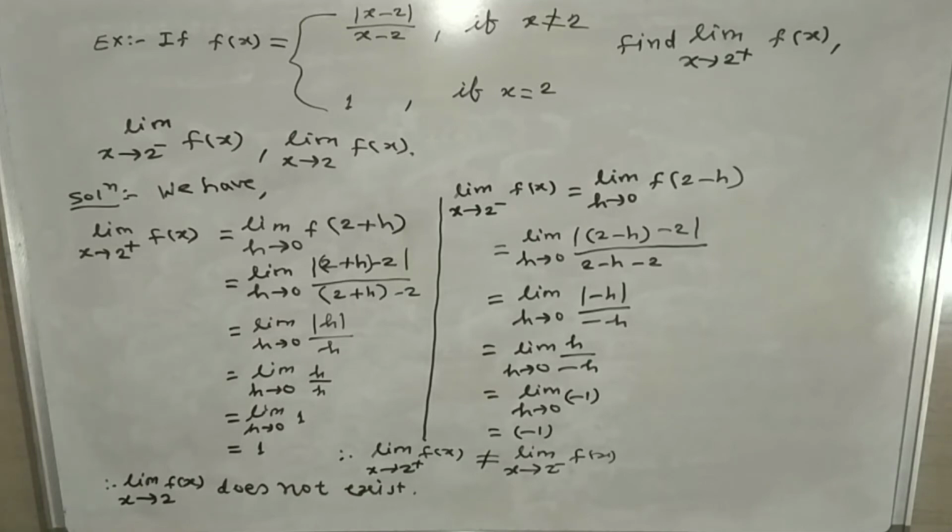Now again we'll see another problem. The reason I am taking these problems is that your concept of limit, that is right hand limit and left hand limit, must be clear.